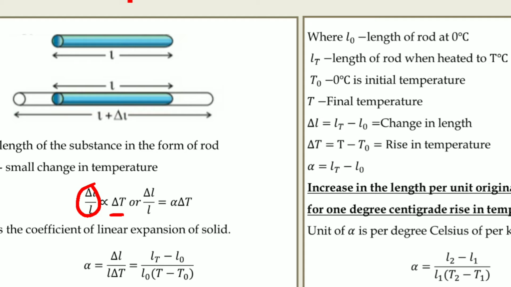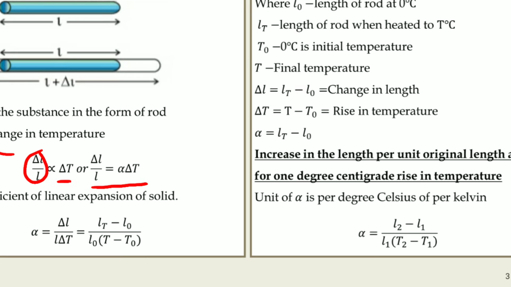Okay, now from the above equation you can write alpha. You can take delta T to your left hand side. You can write alpha is equal to delta L divided by L into delta T, right?